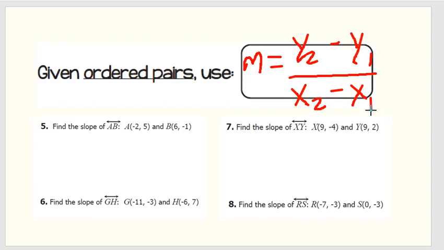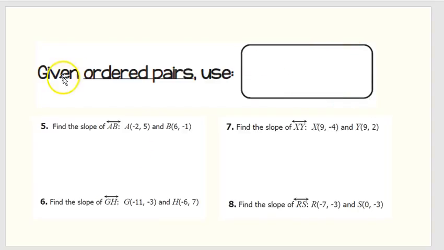So if you're given 2 points, like we're given here on number 5, just like I've always told you when we were doing the midpoint and the distance, we want to probably put these in as x's and y's.